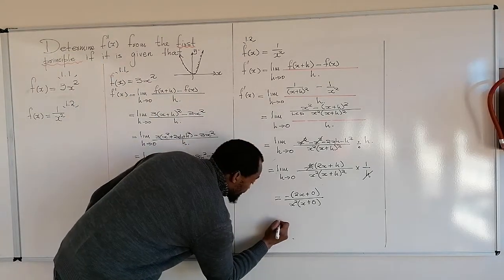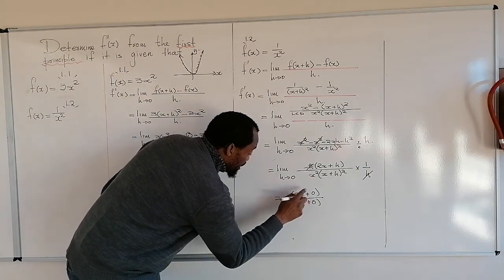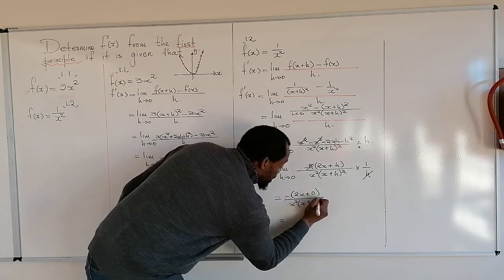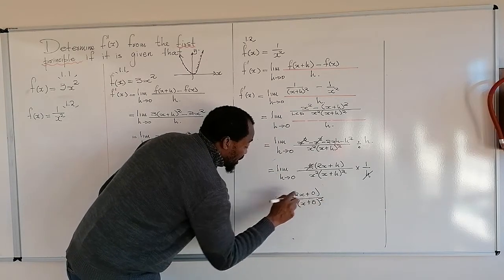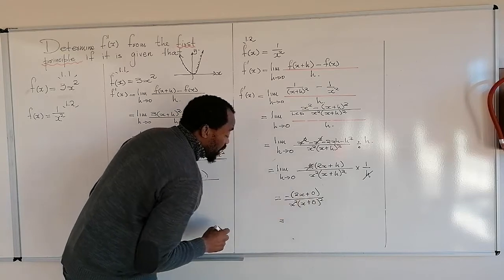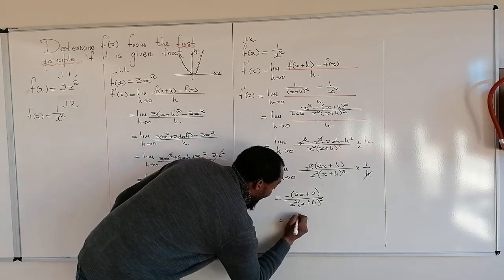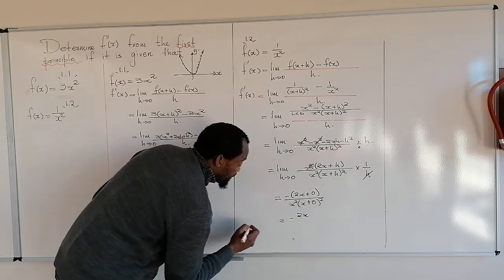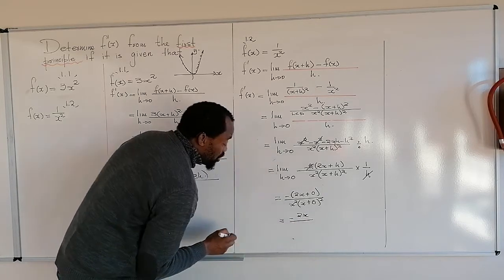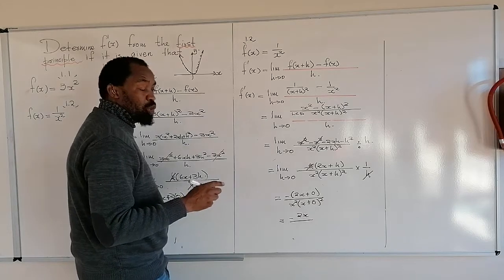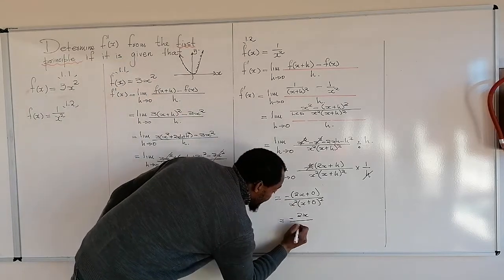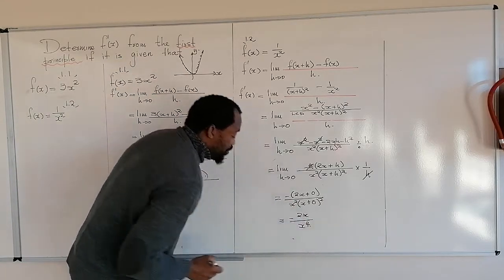Which is, now we simplify this, it is squared there. Minus into 2x plus 0. 2x plus 0 is 2x. It will be minus 2x. I go to the denominator. (x plus 0) all squared is x squared. x squared times x squared is x to power 4.